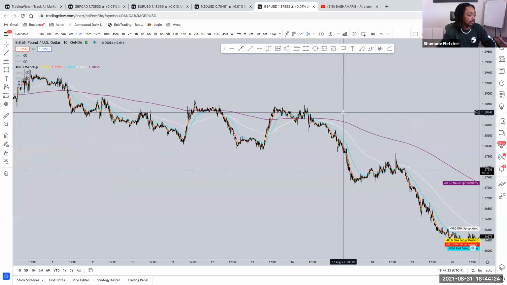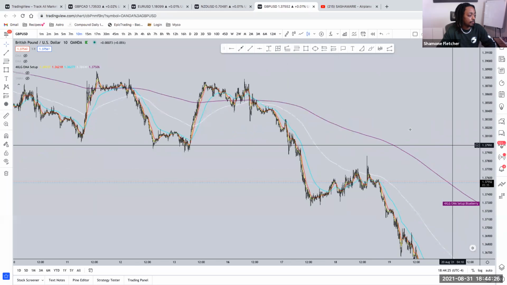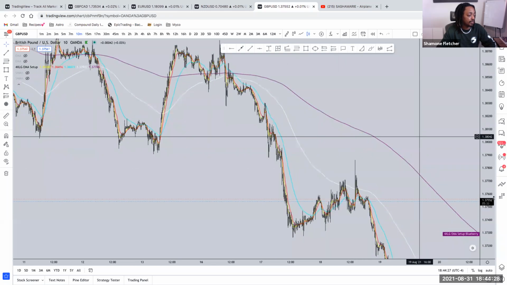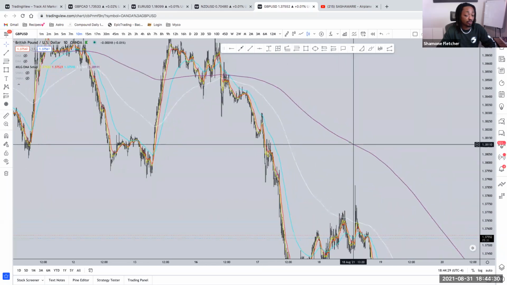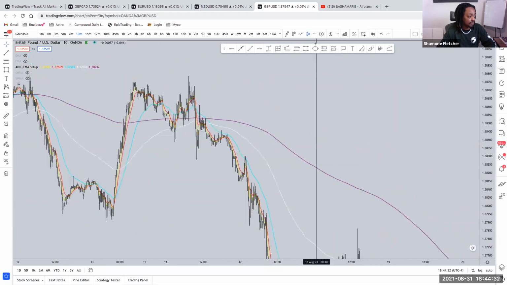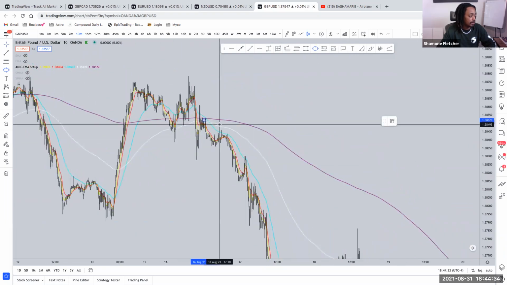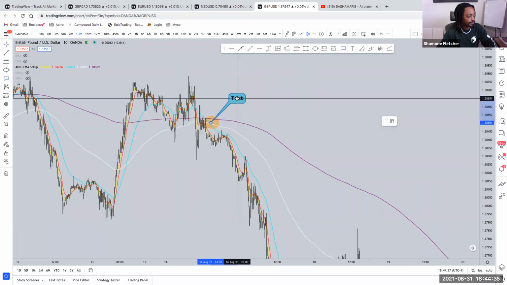Now when you get the 50 crossing the 200 to the downside, that is a death cross. So let me put this here.